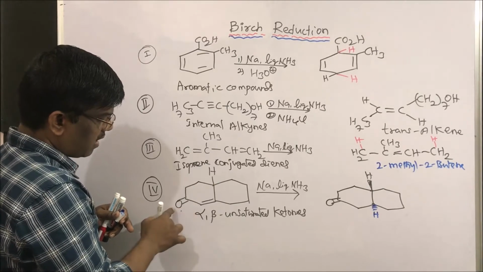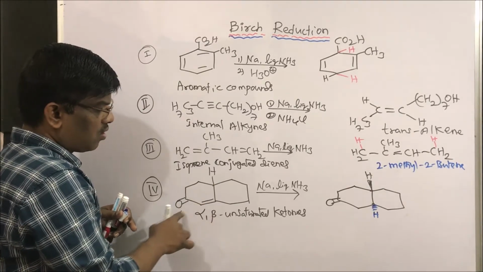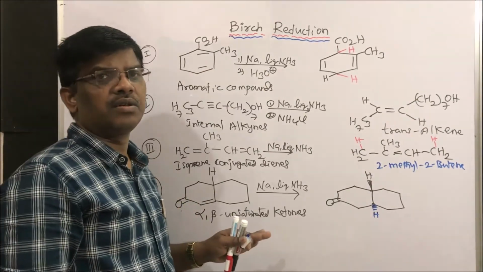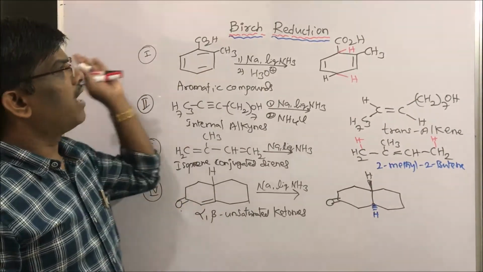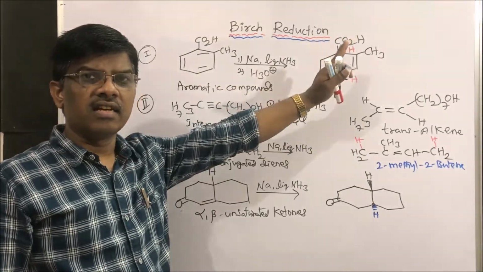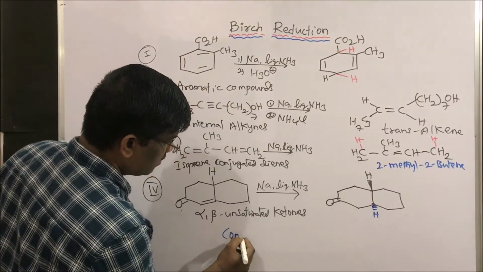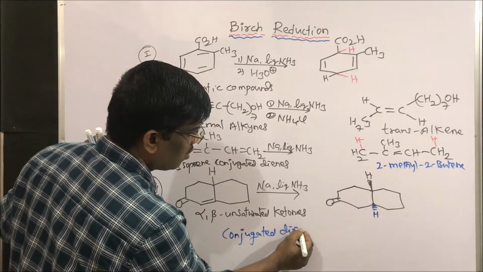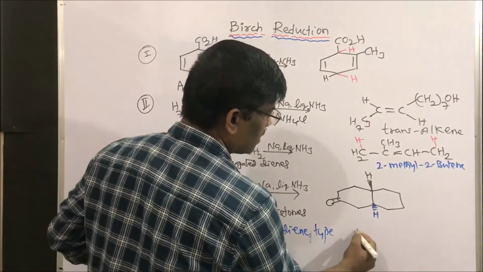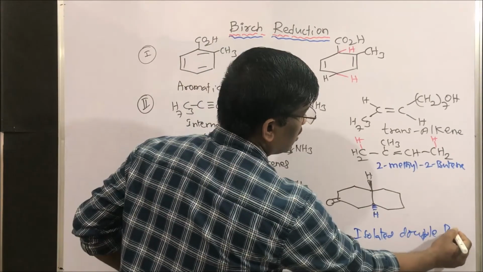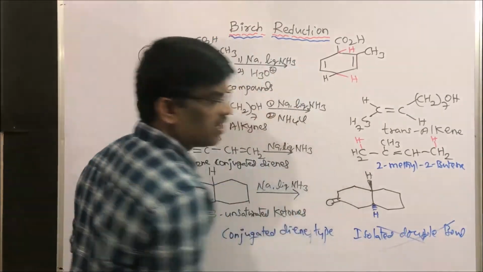Here if I take carbon CH2, this is also a conjugated type double bond. So conjugated dienes undergo Birch reduction, whereas isolated double bonds do not undergo Birch reduction.